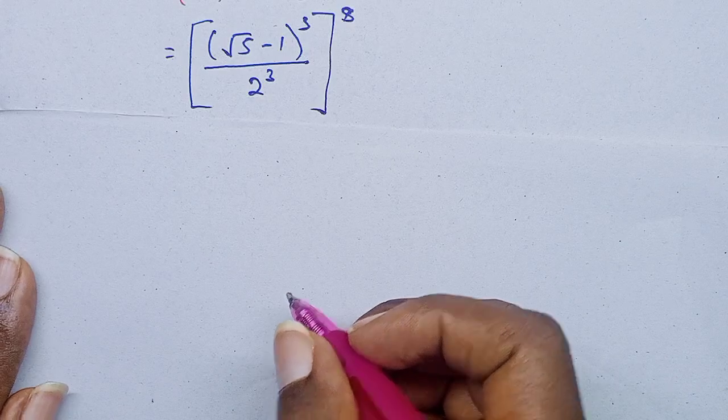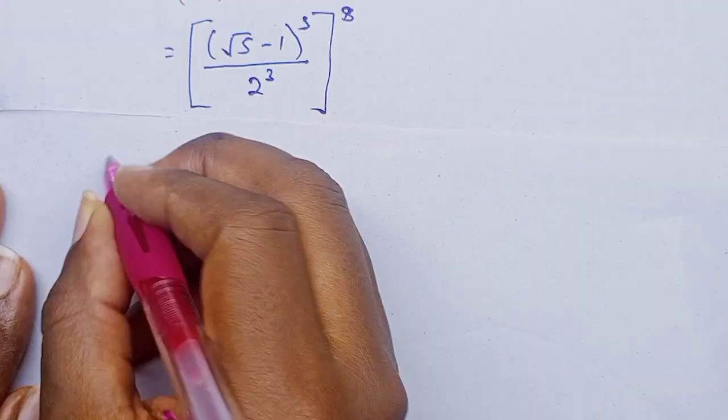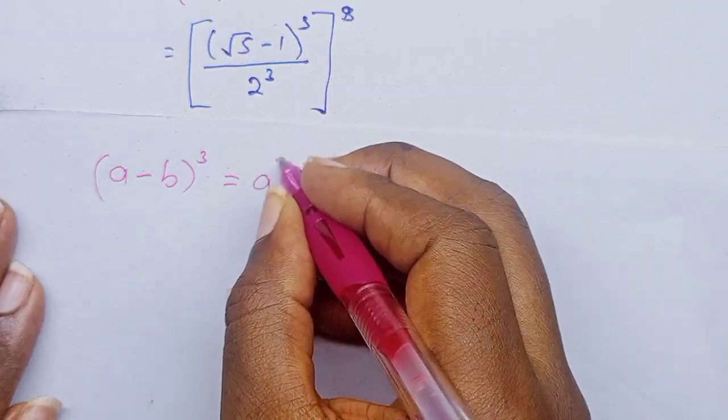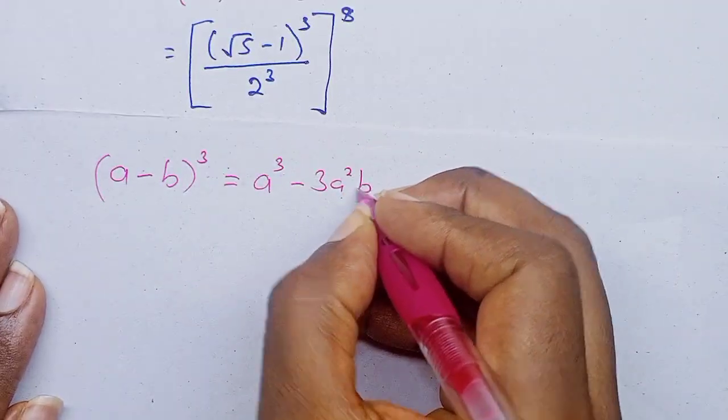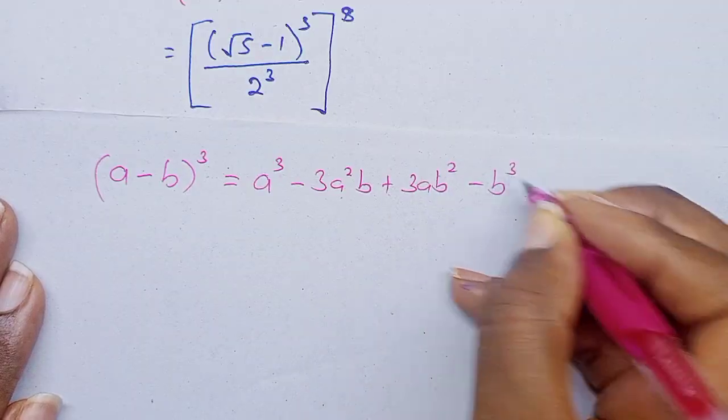But also from a minus b to power 3 being equals to a cubed minus 3a squared b plus 3ab squared minus b cubed.